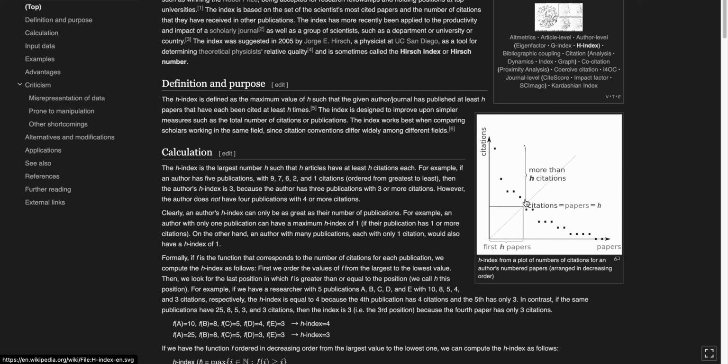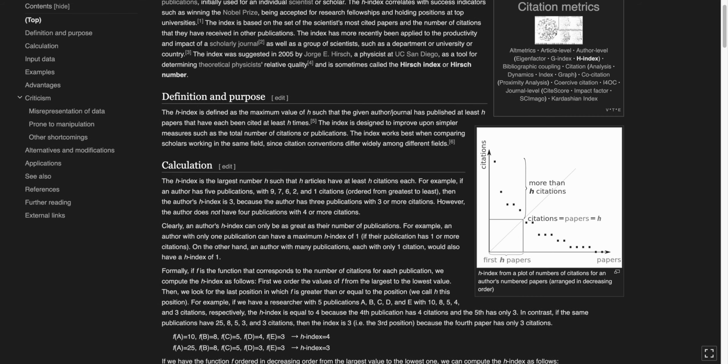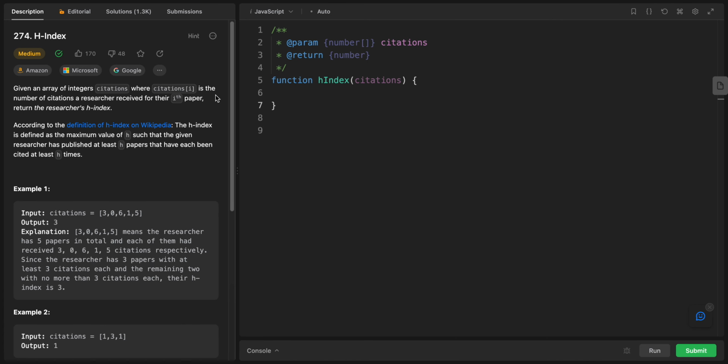So this is what we're talking about. If you don't understand it, I hope you understand it right now. But let's try to think about it, and when I do the solution, maybe you could understand it better. So let's start in the code.